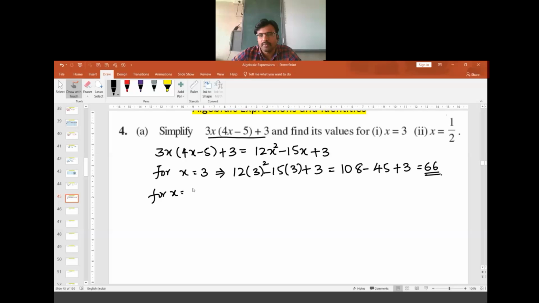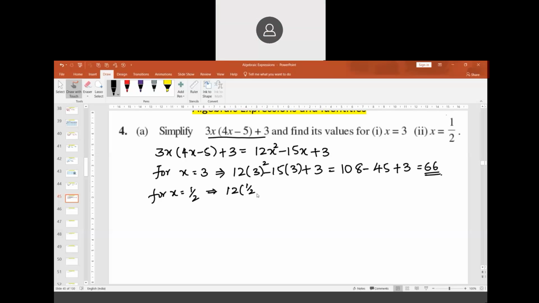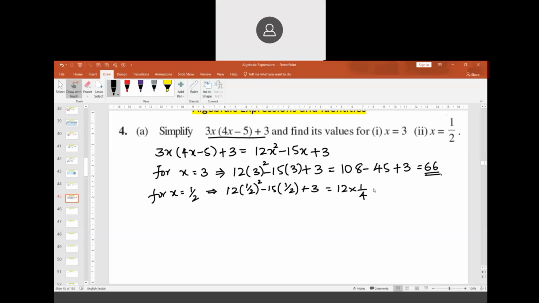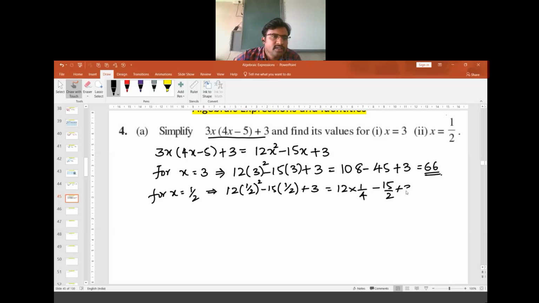For x is equal to 1 by 2, it is 12 times 1 by 2 whole square minus 15 times 1 by 2 plus 3. So it is 12 times 1 by 4 minus 15 by 2 plus 3. This will be 3 plus 3, which is 6.